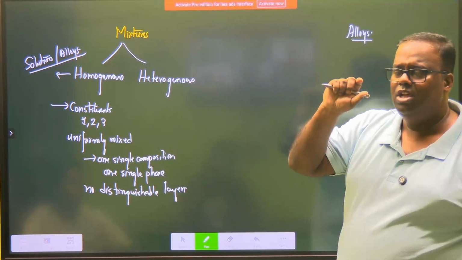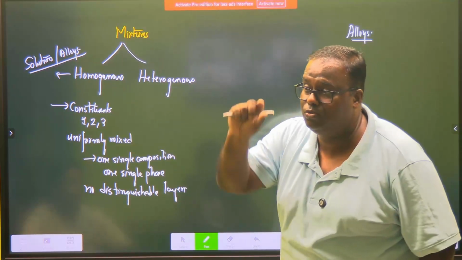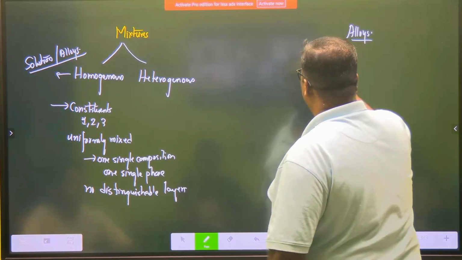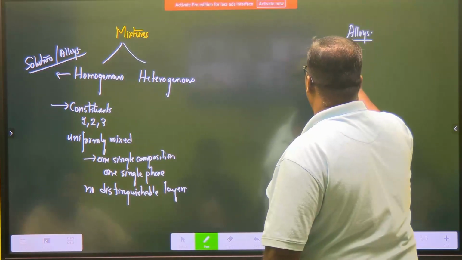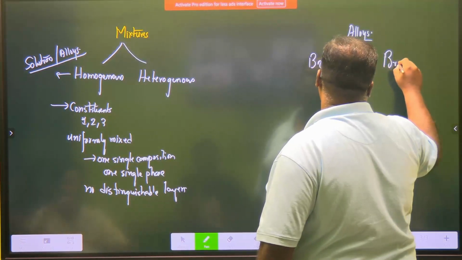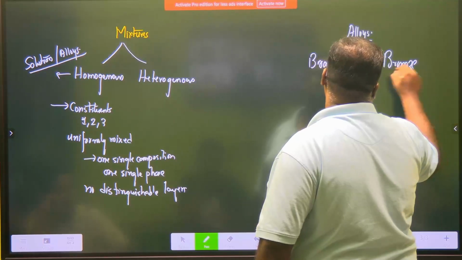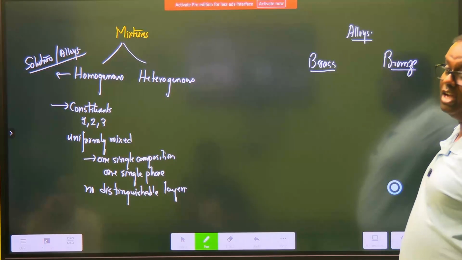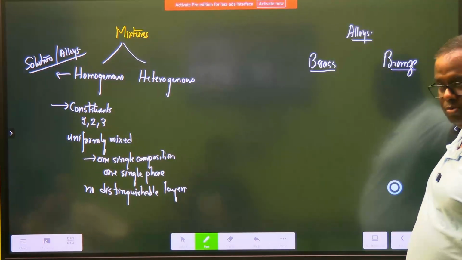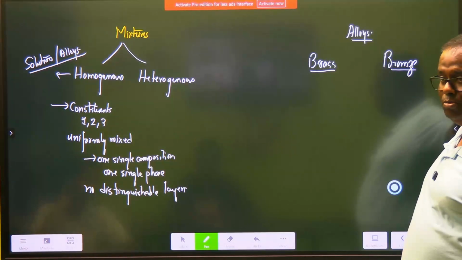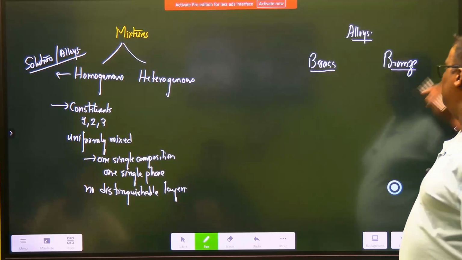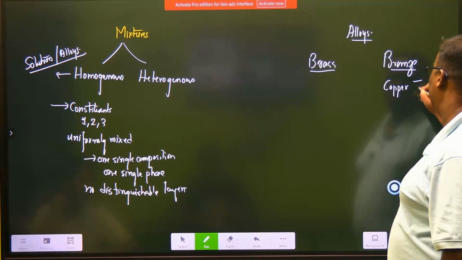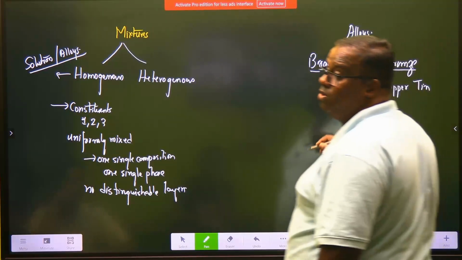What is an alloy? An alloy is a homogeneous mixture of two solids. Ultimately, you will see everything in a solid shape. For example, brass and bronze. In Hindi, bronze is called kansa. We say kansa padak, swarn padak, gold medal, rajat padak means silver medal, and kansa padak means bronze. Bronze is copper and tin, whereas brass is known as pital.